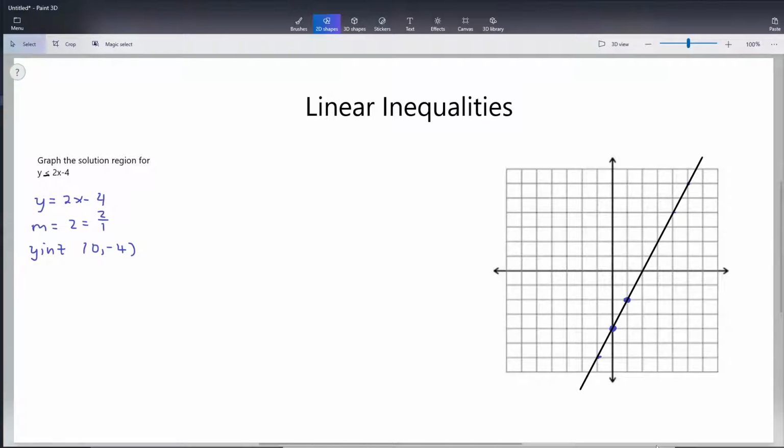All right, so now I want to decide if this is going to be solid or dotted. Okay, so I will remind you guys how we decide that. Okay, so if we have greater than or equal to or less than or equal to, that means that the line has solutions on it.